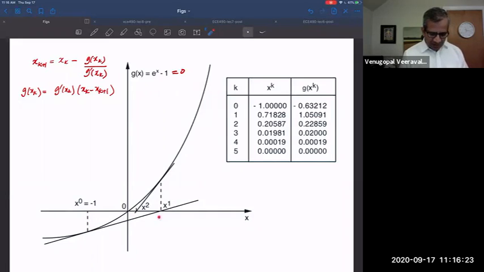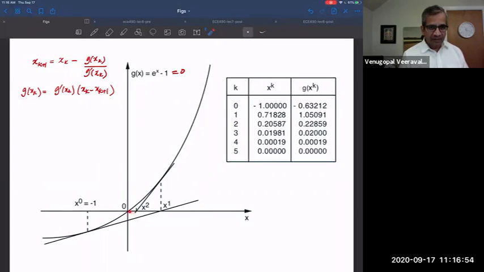So this relationship between x1 and x0 should hold. Once you get to x1, you do the same thing: you take the value at x1 and follow a line with slope equal to the derivative of g at x1 and see where it hits the axis. That's your x2.